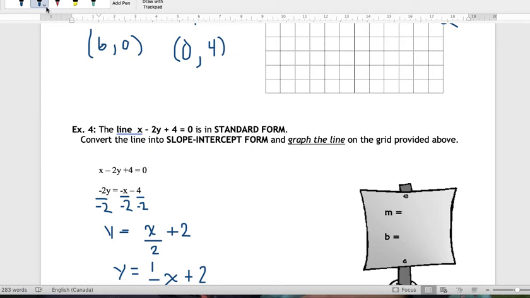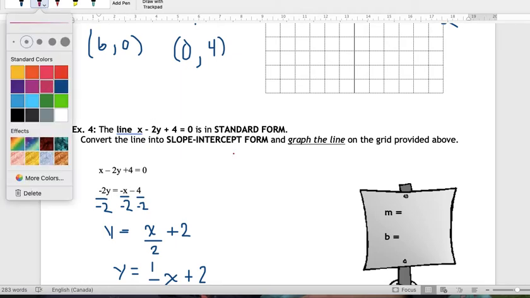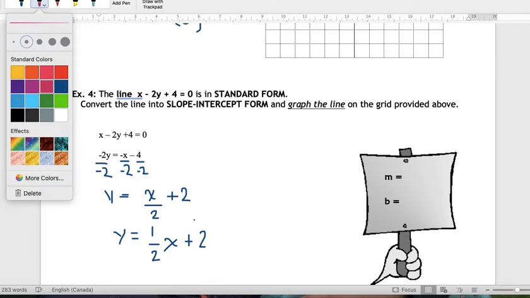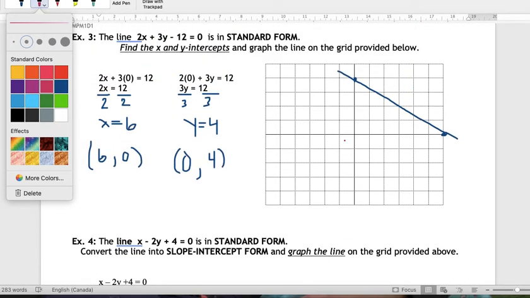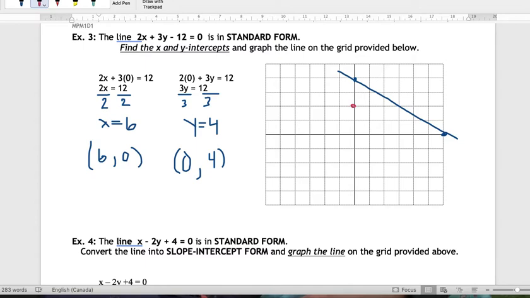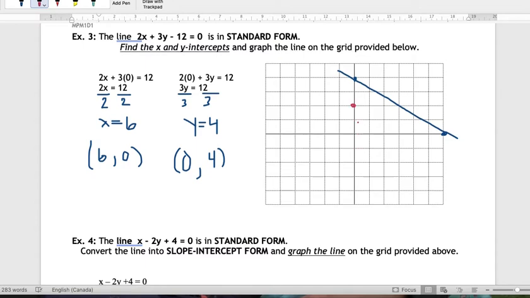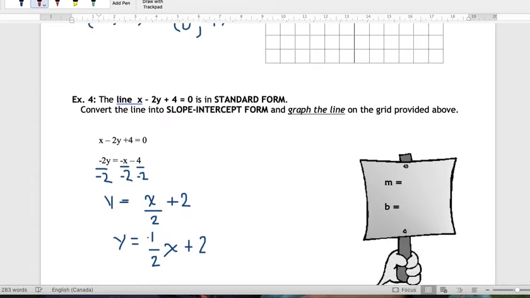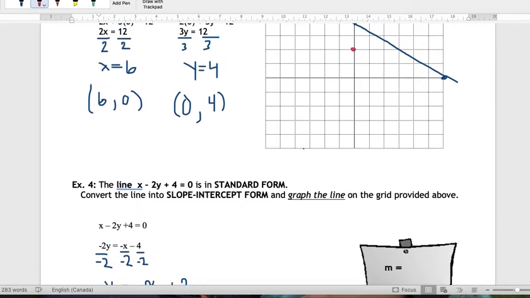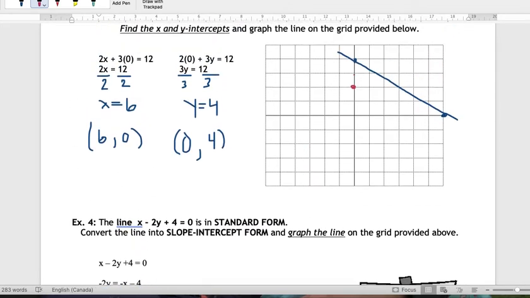So I'm going to change my color. Our y-intercept is +2, so our y-intercept is here at +2. Now our slope is rise of 1, run of 2.